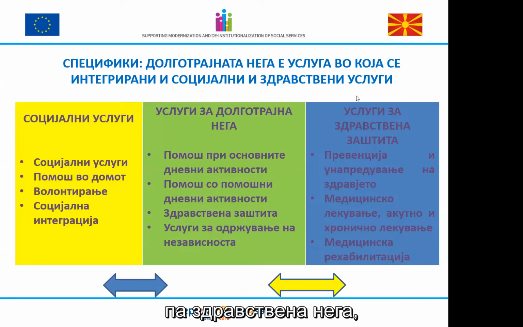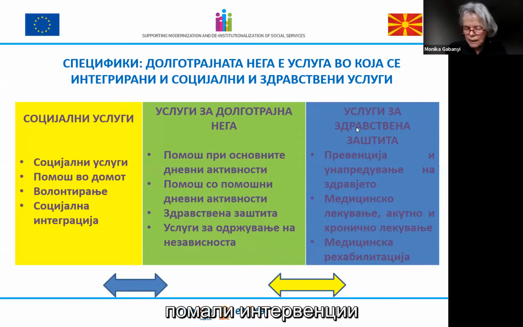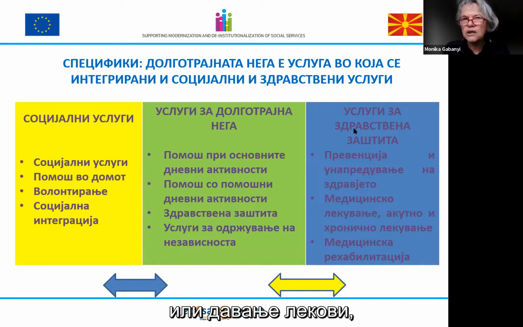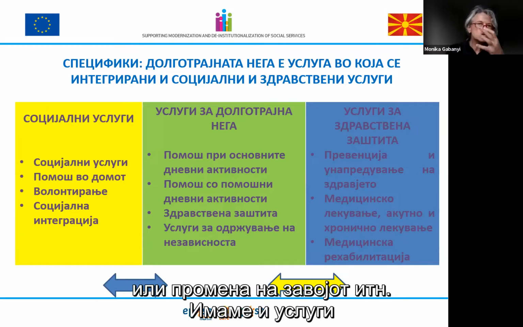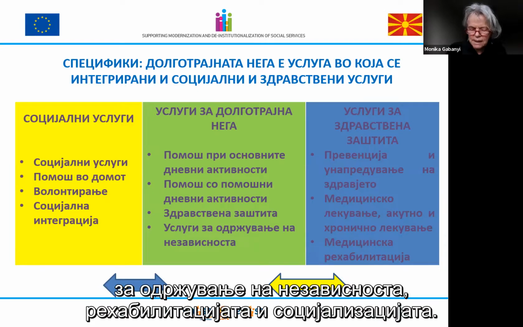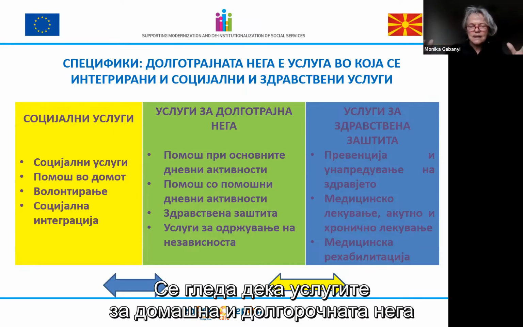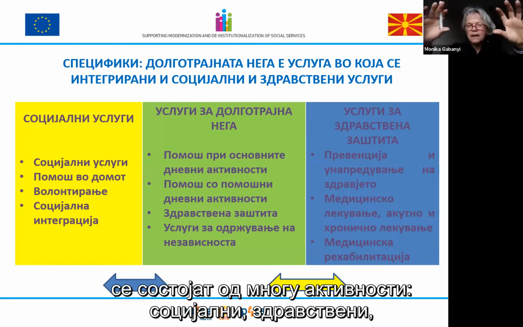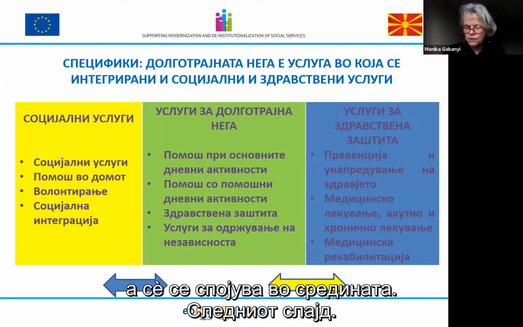Then we have health care, which means minor medical interventions, medications or change of bandages or whatever. And then we have the services to maintain independence, rehabilitation, and social activities. So we can see that home care and long-term care services comprise a lot of activities together, social and health, and in the middle is where it comes together.